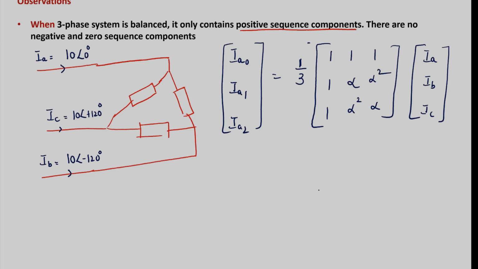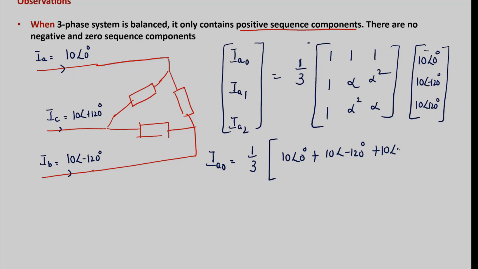Now, what are my IA, IB, and IC values? IA is 10 at an angle 0, this is 10 at an angle minus 120, this is 10 at an angle plus 120. So I am substituting balanced currents here. Then according to this statement, I should only get positive sequence current. The remaining currents should not be present. So if I calculate IA0, I am going to get 1 by 3 into 10 at an angle 0 plus 10 at an angle minus 120 plus 10 at an angle plus 120.